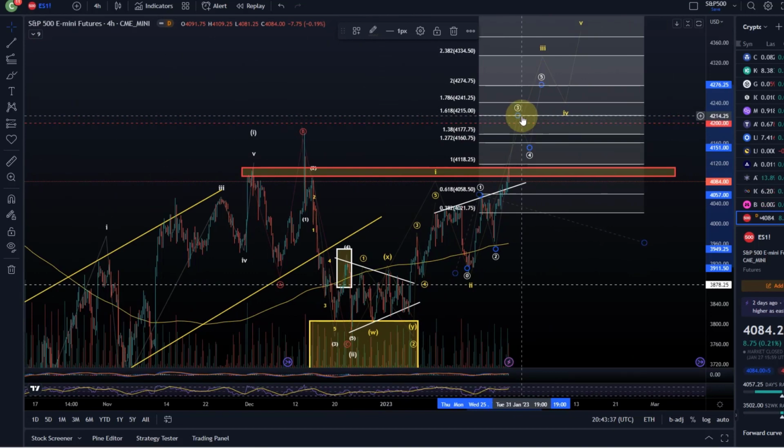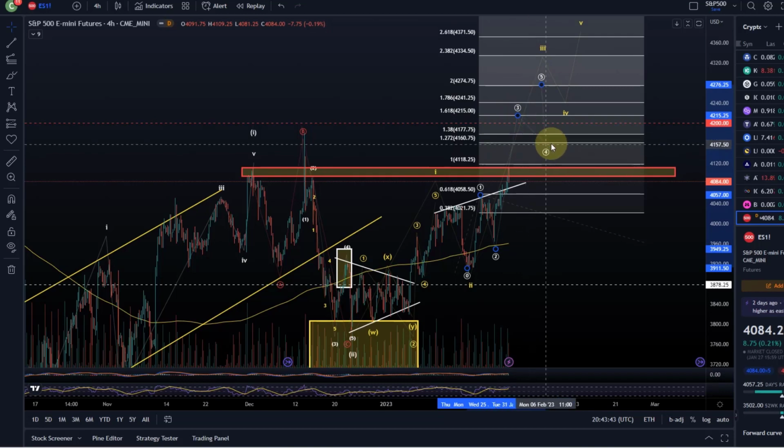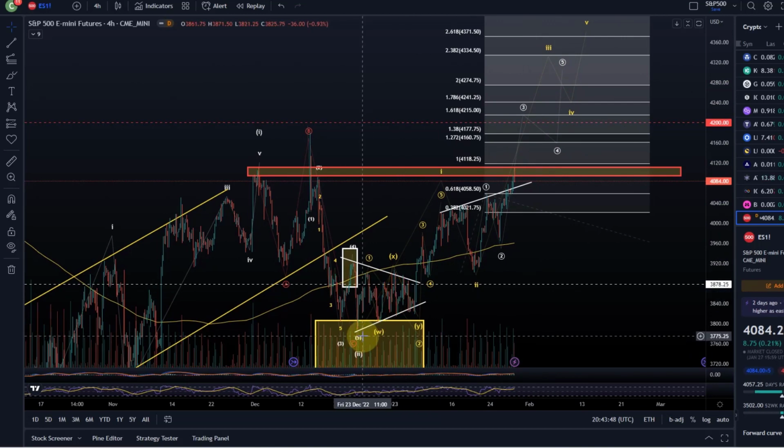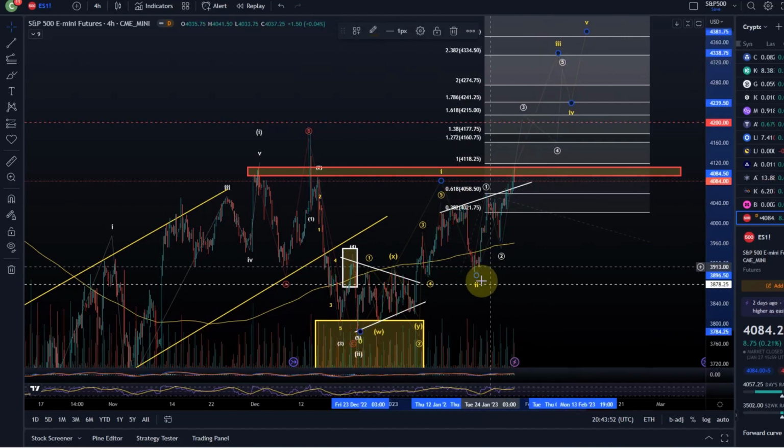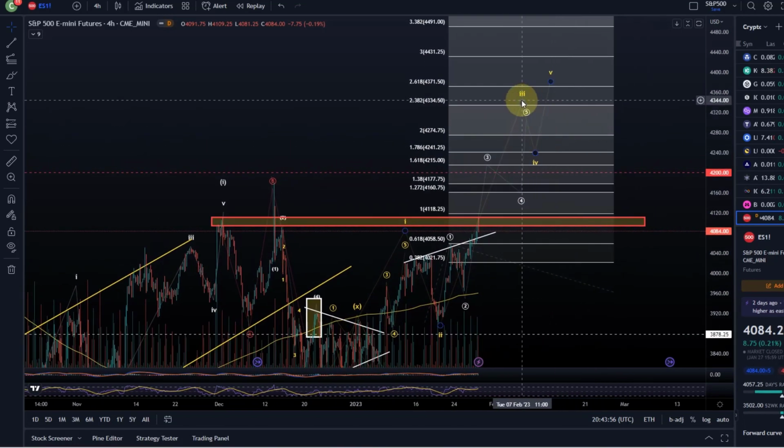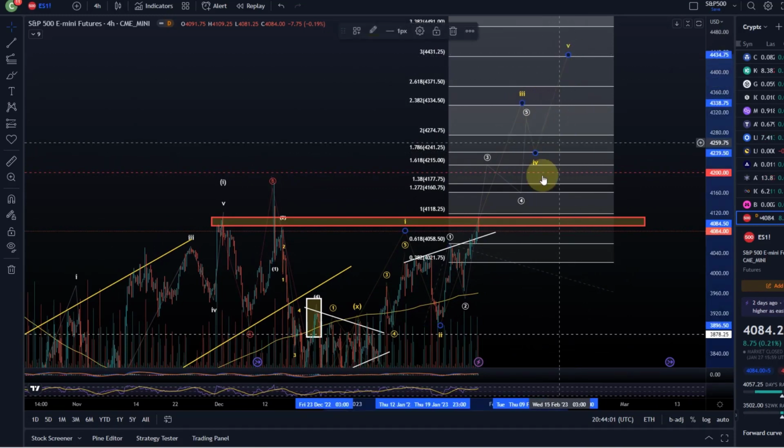But it would need to reach that, maybe just with a wick, to confirm that this actually is a third wave. Afterwards, we would get a wave 4 and then a wave 5 of 3. Because of the wave 1-2 setup beforehand, this 5-wave move in the circles would only complete a third wave. We would then move down in a fourth and come up in even another fifth wave.